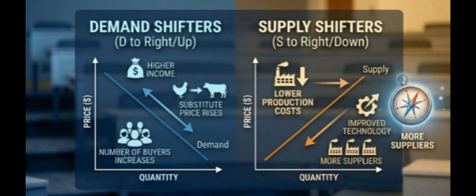Icons show increase in S shifters, for example, lower production costs, improved technology, more suppliers, moving the orange S curve on the right panel. This provides a structured tool to analyze why market forces are not static.